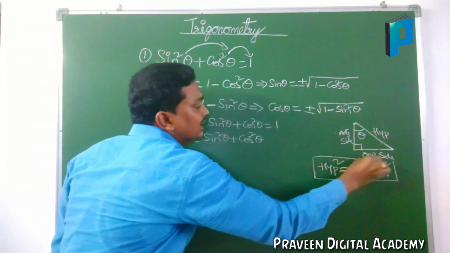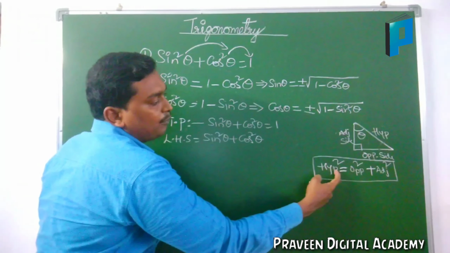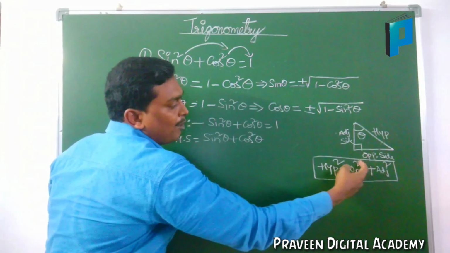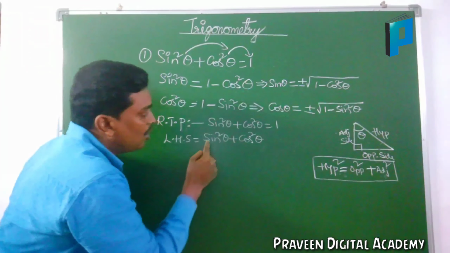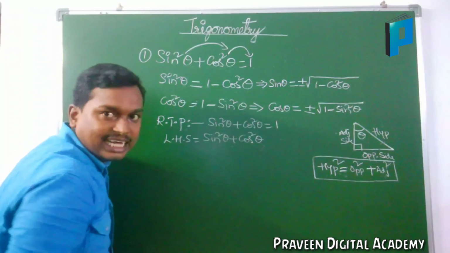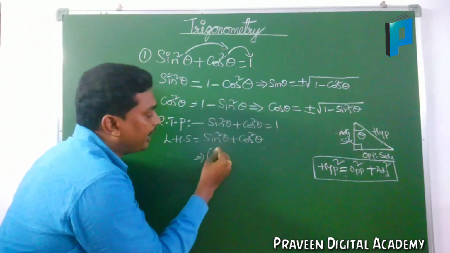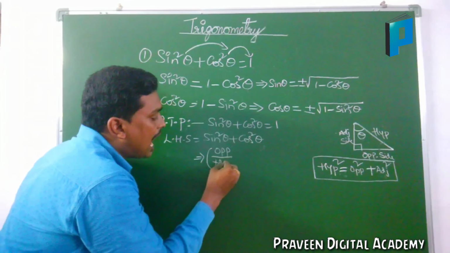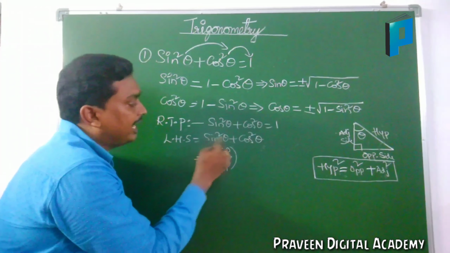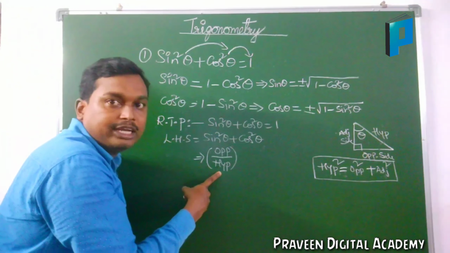Here sin square theta is there. We know the ratio of sine is opposite by hypotenuse.